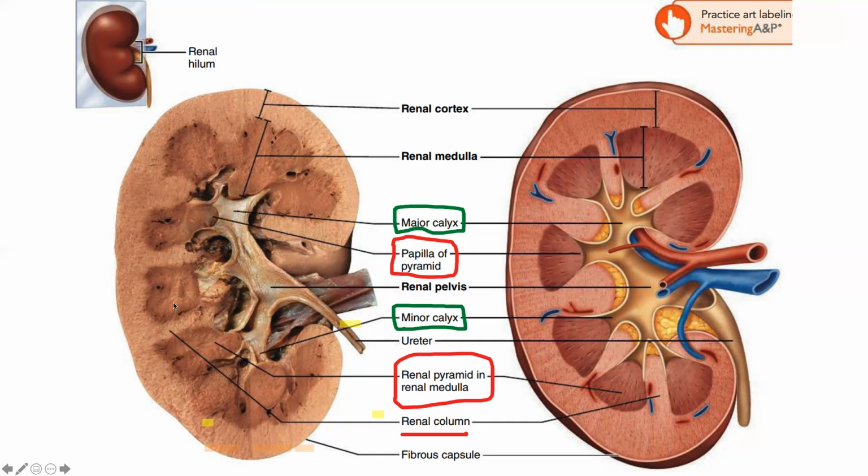And now I can show you the portion of the renal cortex invaginating in between the renal pyramids. They are called renal columns. So the renal column is the portion of the cortex coming in between the renal pyramids.